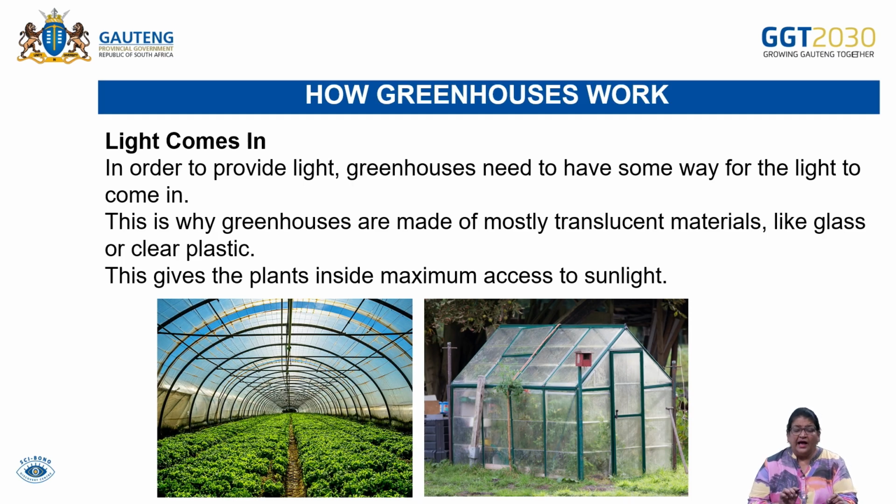Right, so let's go again. How does the greenhouse work? You can see some of them occur in the form of a dome, and some of them are very small, like a little house. So they have to have struts, and over the struts they put a translucent plastic, but not just any kind of plastic.